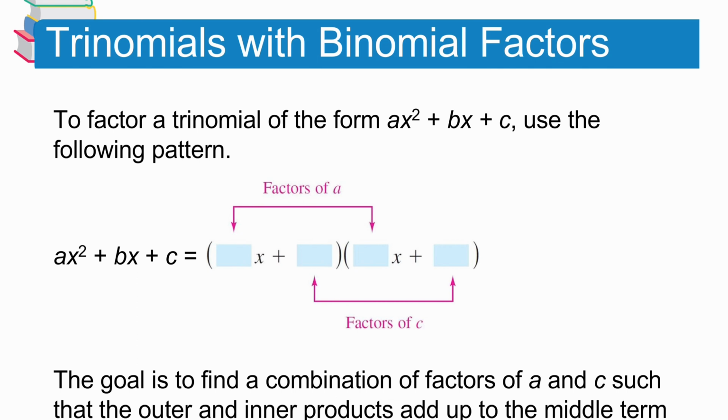So, this is the factoring of a quadratic, and we always want to say, okay, how can we break down A? What factors will multiply together to give us A? And what factors will multiply together to give us C? And we just try different combinations of those until we get the middle term, the O plus the I, to add together to give us B.